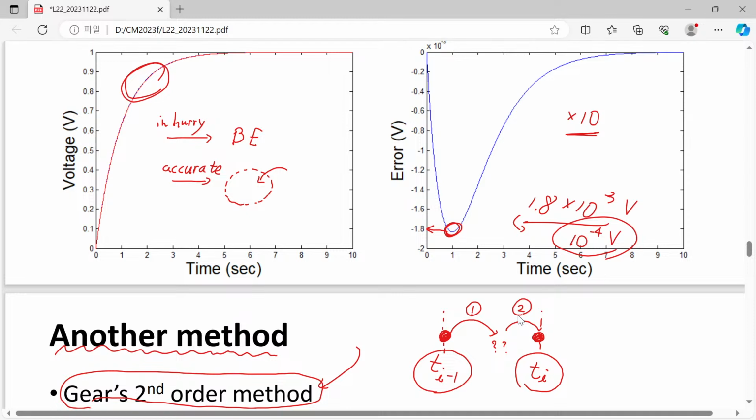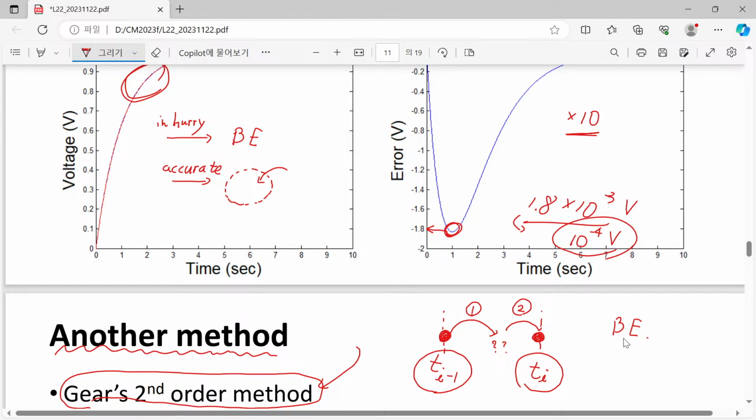Why do they do so? It is because of the backward Euler scheme. How much memory is required for your implementation? In order to calculate this backward Euler scheme, you have to know the value at your present time and your previous time.